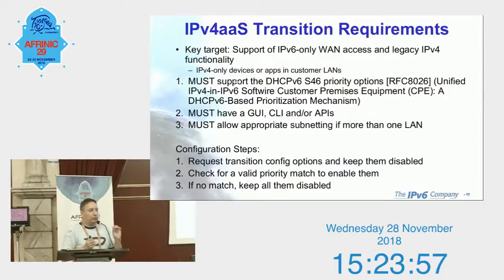So I am going to just go into the main points, right? One of the ideas is there are a few transition mechanisms to be supported, and the CPE must be able to detect automatically what transition mechanism is being used by that ISP.